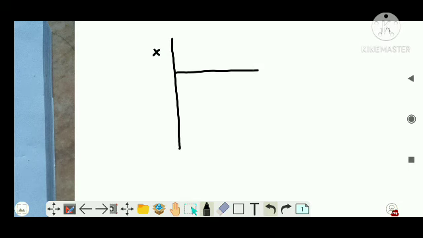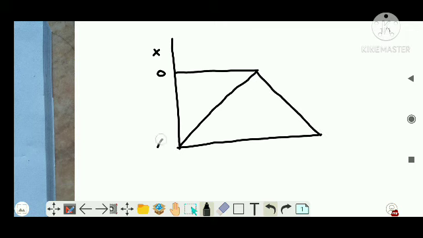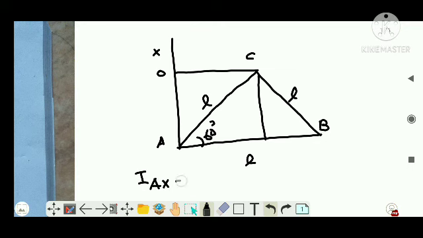This is X. Let's take this point as O. This is point A and this is point B, and each of them has mass m. This is 60 degrees, and each side is L. This point is C. Now the moment of inertia about AX is m into r squared, that is mass and distance.